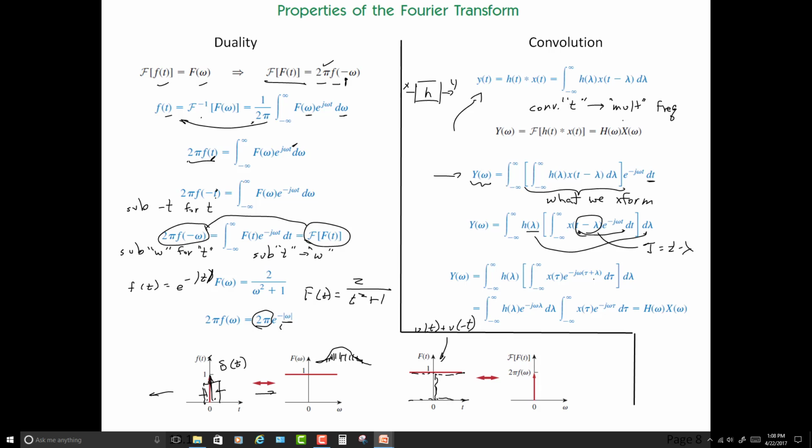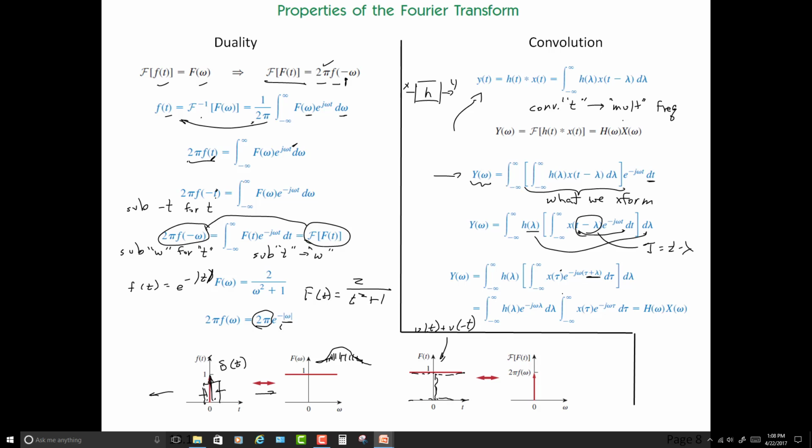So we'll substitute that there, and that changes what's up top in the exponent of e. And then we have, instead of dt, we've got d tau. And we can do that because t minus lambda is a constant in the time domain. So dt becomes d tau straight up.